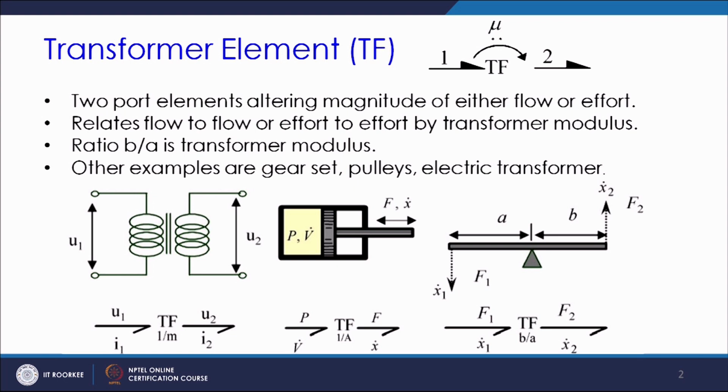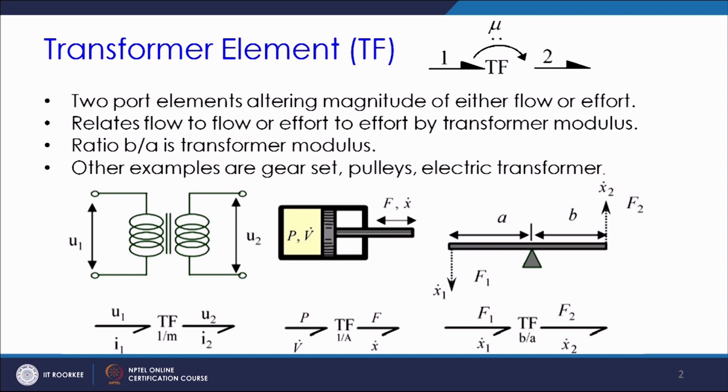So, these are the two port elements altering magnitude of either flow or effort, and these relate flow to flow or effort to effort with the help of this transformer modulus which I just discussed to you. Then we can take many examples of the transformer elements such as gear set, pulleys, or the electric transformer itself, or the lever.